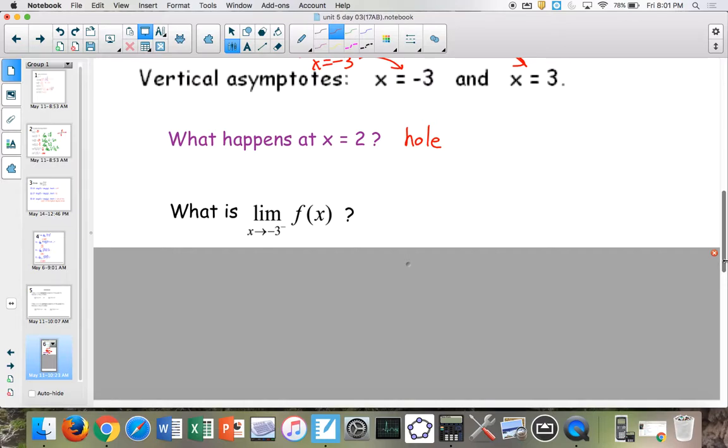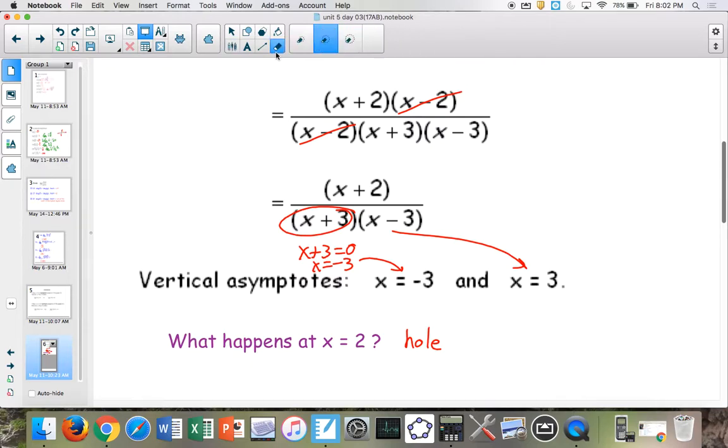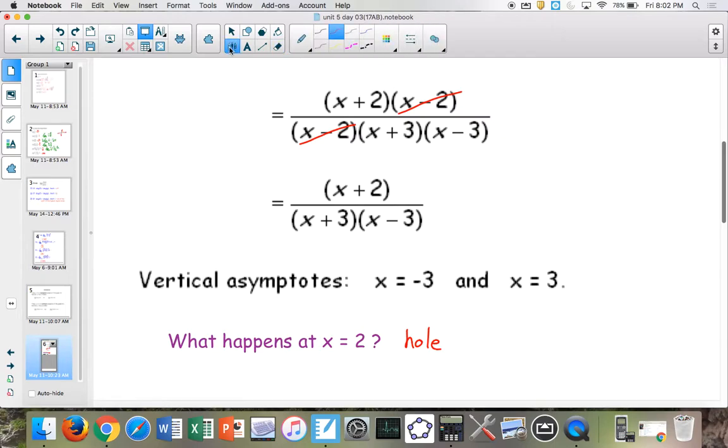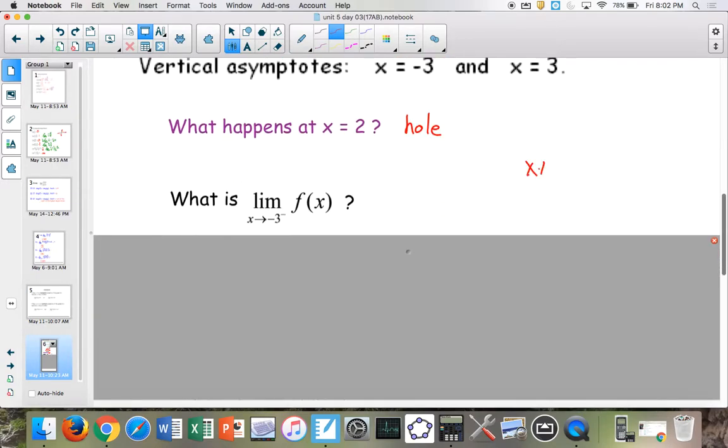Let's take a look at the one-sided limits as x approaches negative 3. So if I go back to this expression, x plus 2 over x plus 3 times x minus 3, notice as we plug in numbers closer and closer to negative 3 from the left, in the numerator, we're approaching negative 1.